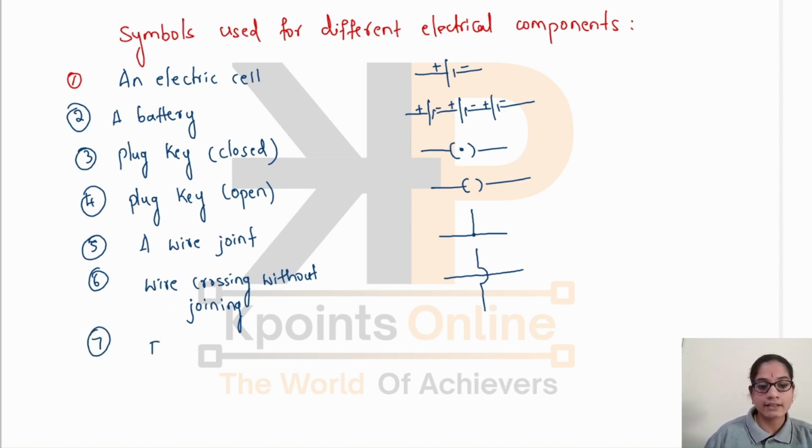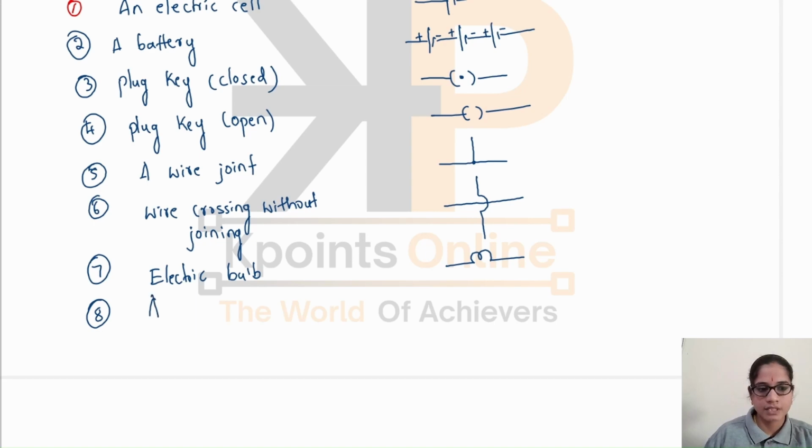Then, as we know, an electric bulb is shown like this. Then a resistor is shown by this symbol. You will come to know about the resistor when we study Ohm's law. Right now, you remember this symbol. It is shown in this way. This is the symbol for a resistor, where the resistance of this resistor is fixed.